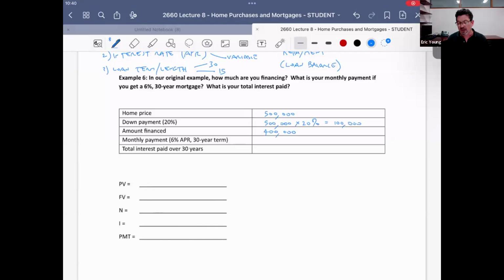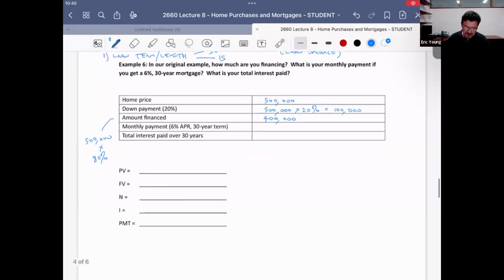Notice you could have also just avoided that middle step and gotten your amount financed by doing, in this case, 500,000 times 80%, because if you're putting 20% down, then 80% is what you're financing.